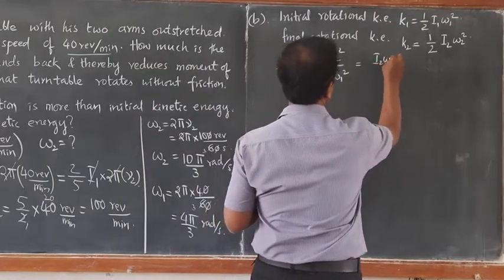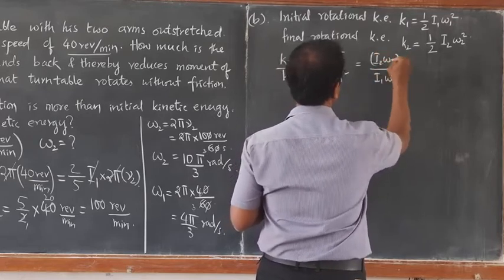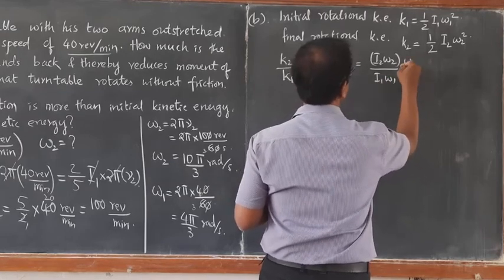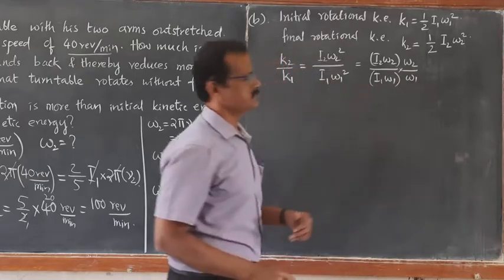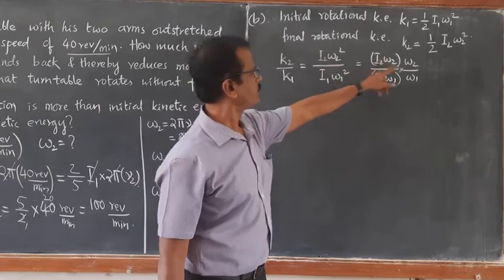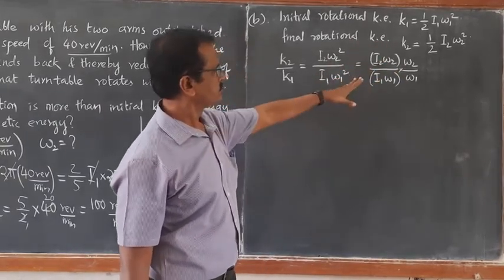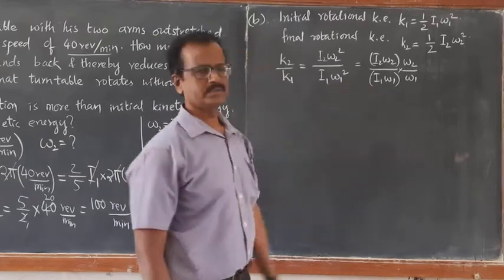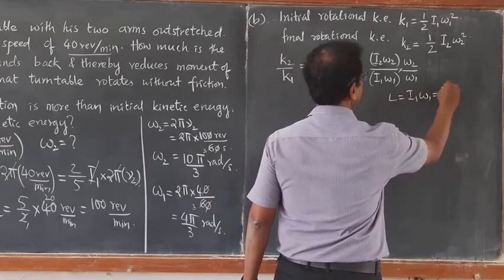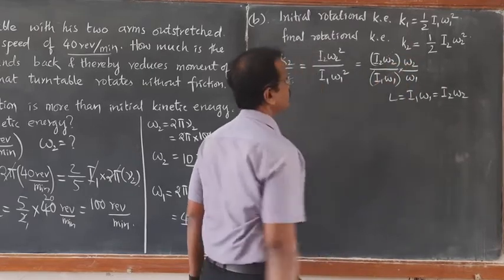So we can write I2 omega 2 into omega 2, divided by I1 omega 1 into omega 1, and the half cancels. By conservation of angular momentum, L is equal to I1 omega 1 is equal to I2 omega 2. So these two things cancel, and you are left with omega 2 by omega 1.